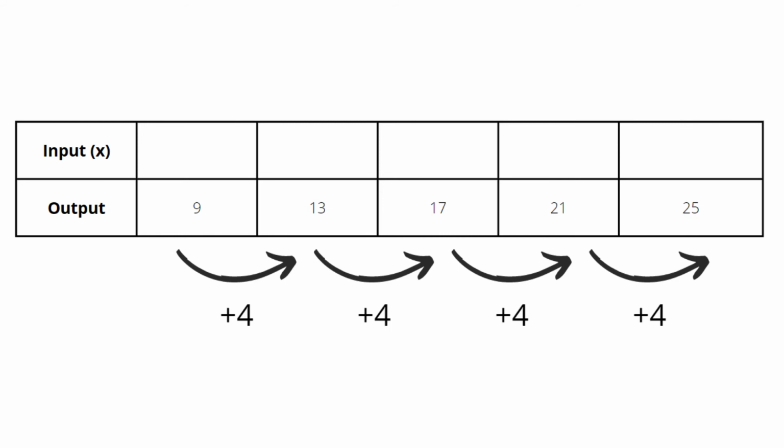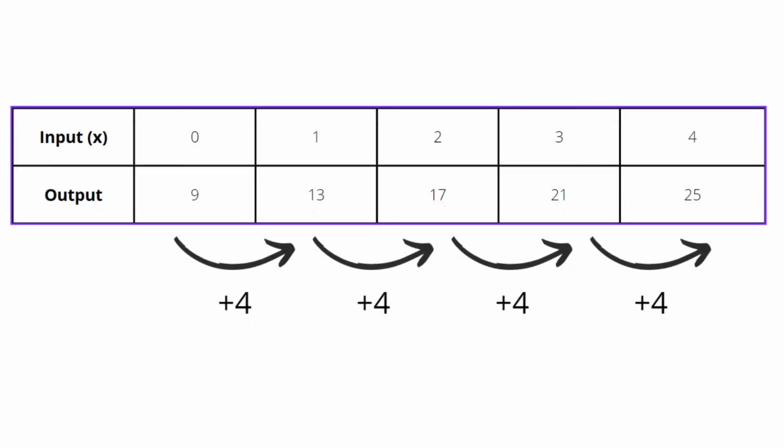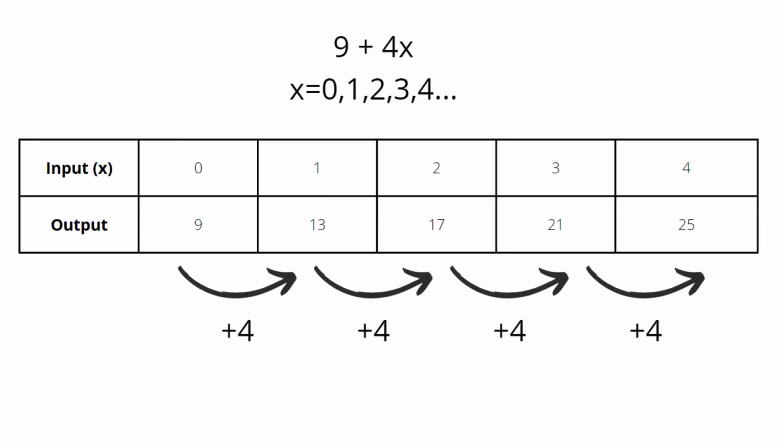So, similar to the first example, my pattern can be 9 plus a certain number of groups of 4. For the first term, there are 0 groups of 4, so that's the first input. Then 1 group of 4, 2 groups of 4, and so on. So my final expression is 9 plus 4x, with x being 0, 1, 2, 3, and so on.